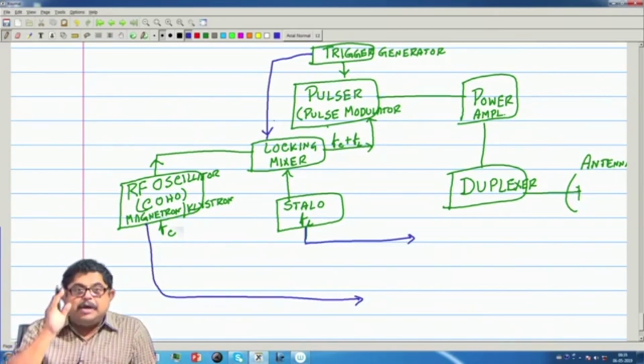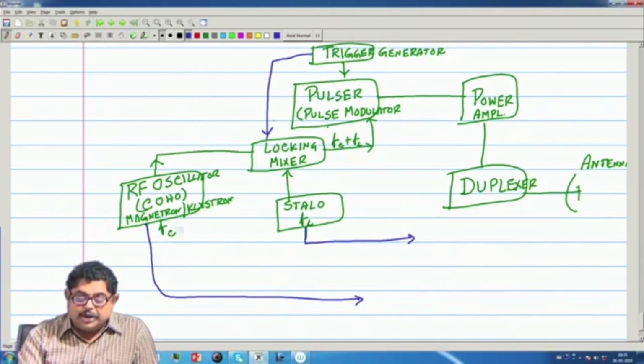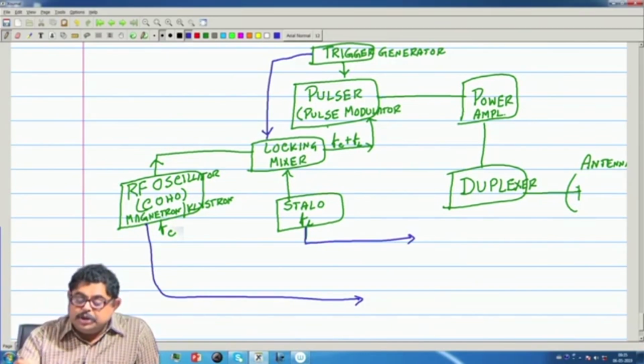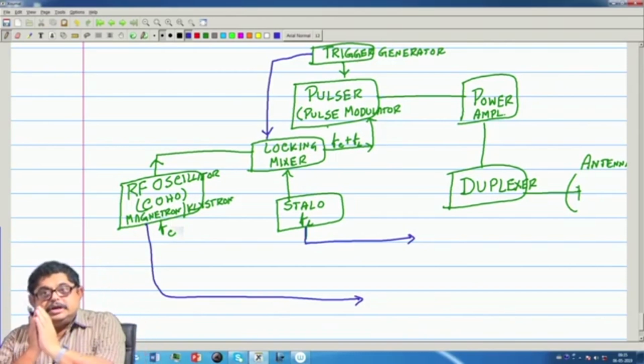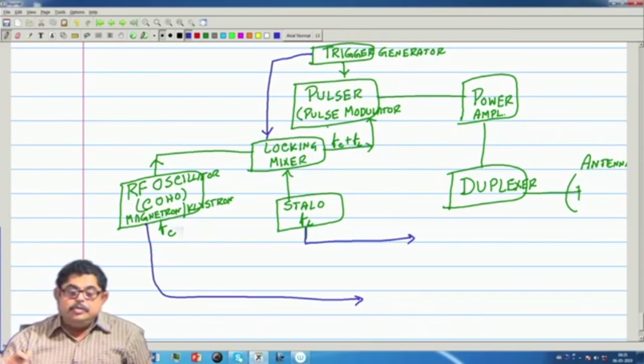So, now we have a coherent, that is why it is called a coherent oscillator, though actually it may not be a coherent oscillator on its own, but with this circuitry the transmitted signal is always of a known phase, and that phase reference will be given to the receiver side.